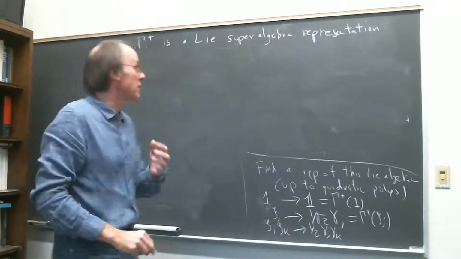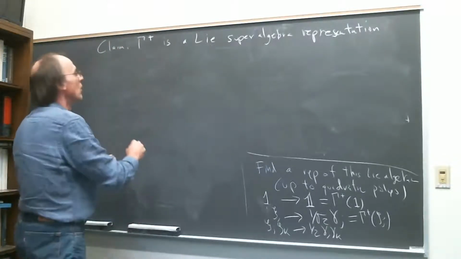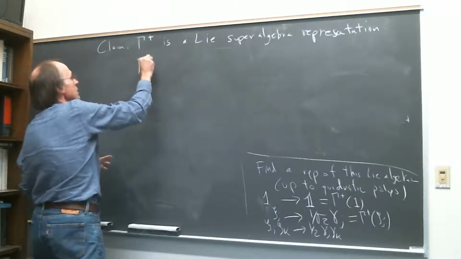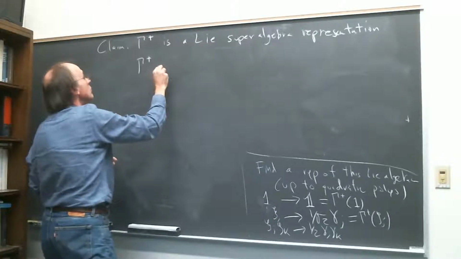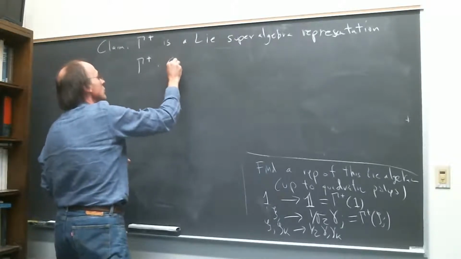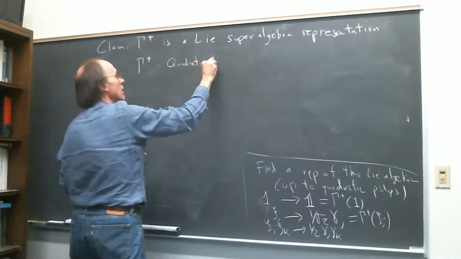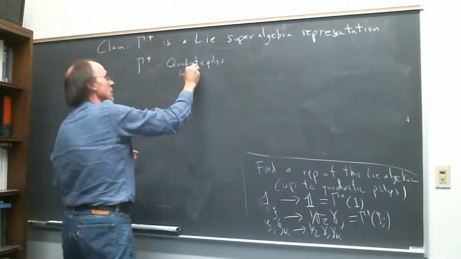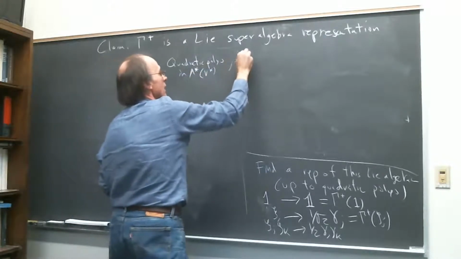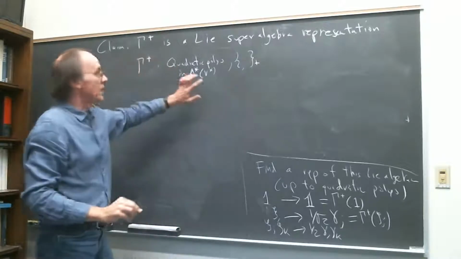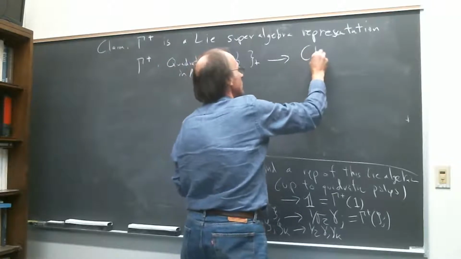What this means is that it takes quadratic polynomials in the exterior algebra of V star, with this super Lie algebra structure, to the Clifford algebra.